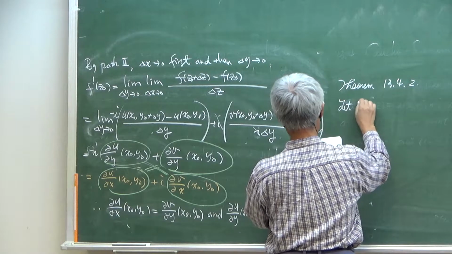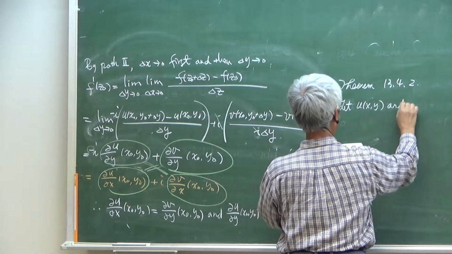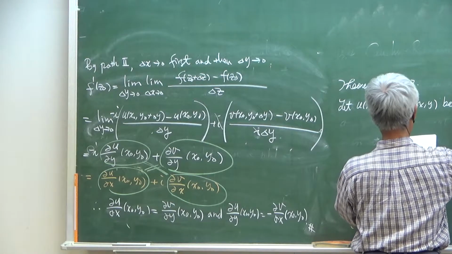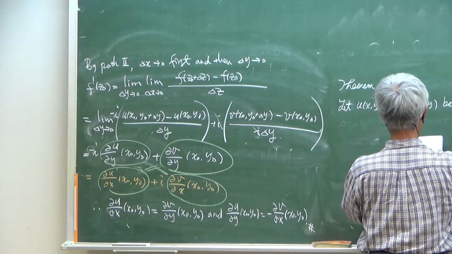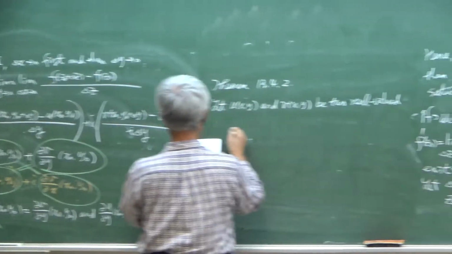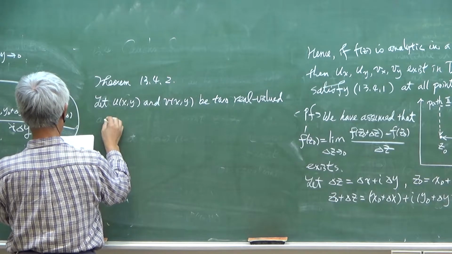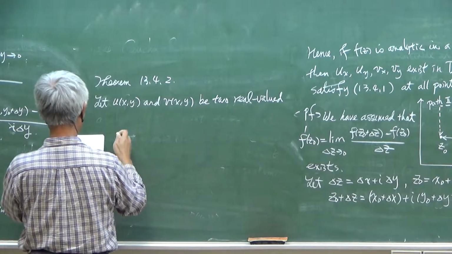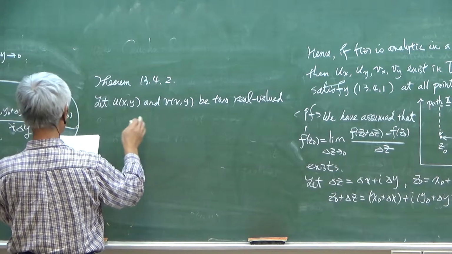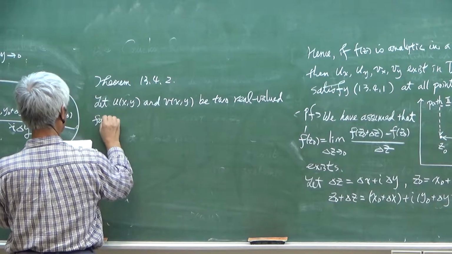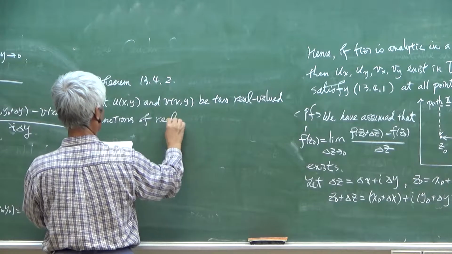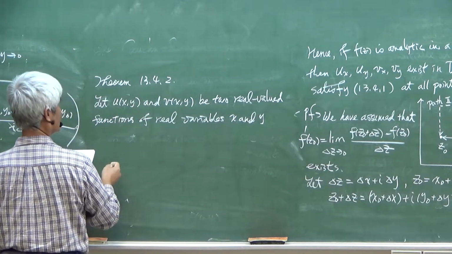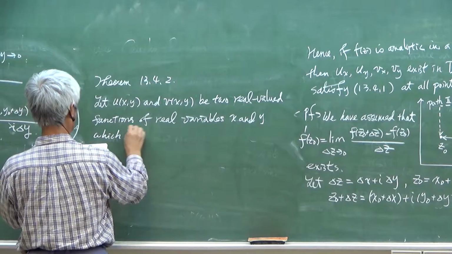Let u(x, y) and v(x, y) be two real valued functions of real variables x and y, which is continuous.